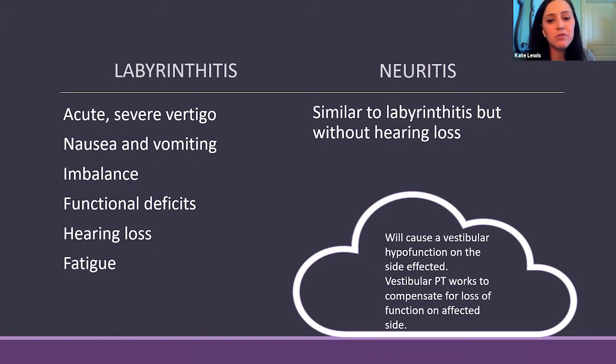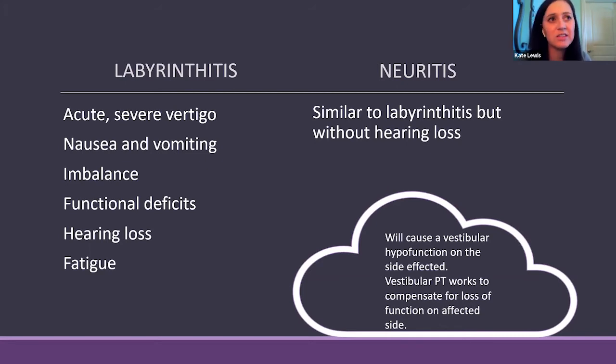These individuals will usually present to the ER because they feel violently ill. They have violent vertigo, it's severe, they can't walk, they're throwing up, the room is spinning, and that lasts for a few days. Then that subsides, and they're left with what's called a vestibular hypofunction. That means on one side, either the left or right, wherever the labyrinthitis or neuritis happened, they have decreased function.